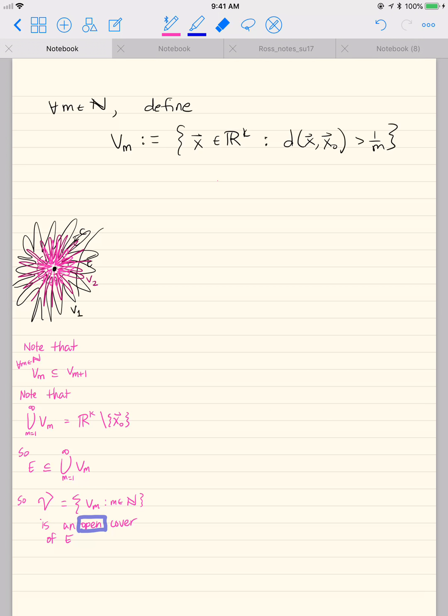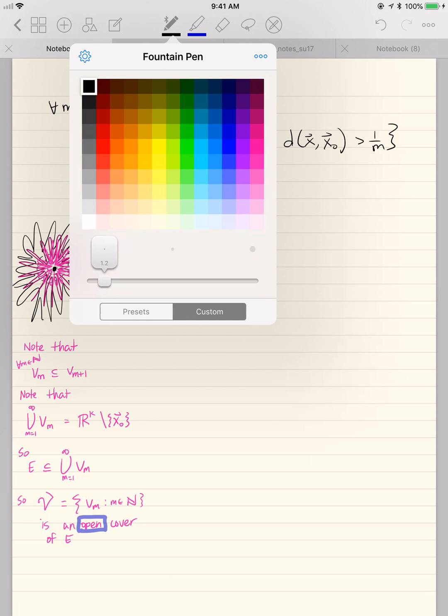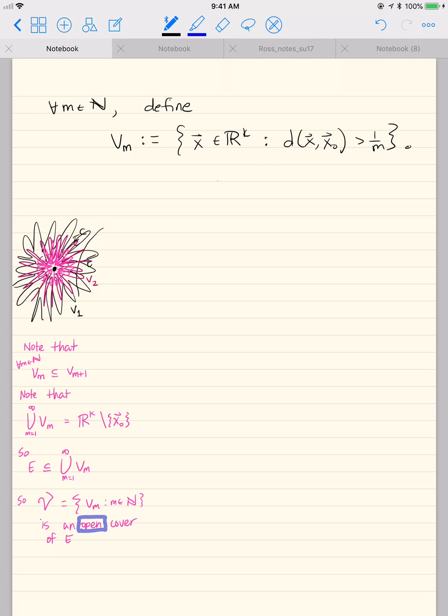Now remember, E is compact. So back to our proof, because that was just to explain what's happening here. For each m, we define these open sets.